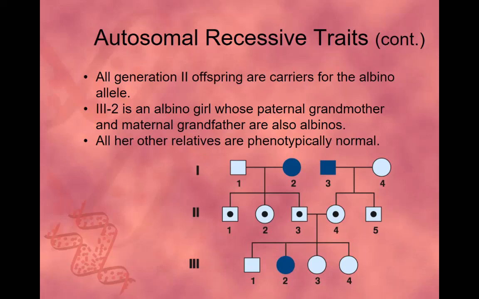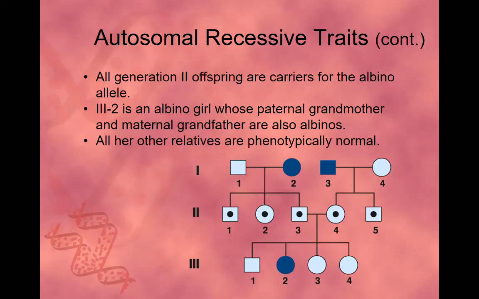So 3-2 is an albino girl whose paternal grandmother and maternal grandfather were also albino. Her other relatives are all phenotypically normal, but genetically, in terms of their genotype, they carry the recessive allele for albinism.